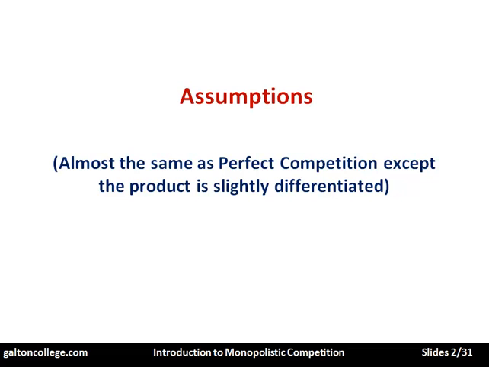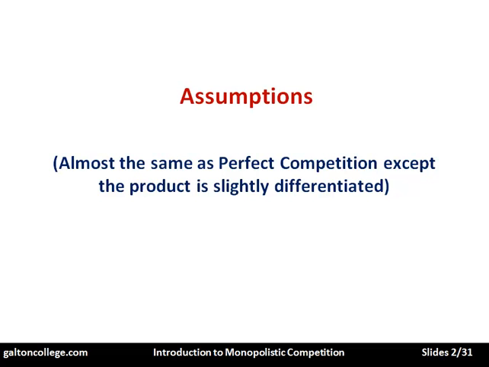Now, these products may be differentiated physically. They could look slightly different or have slightly different dimensions. They could be physically different, or there could be differences caused by psychic differentiation, caused by psychological issues.